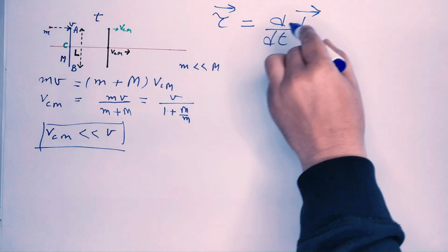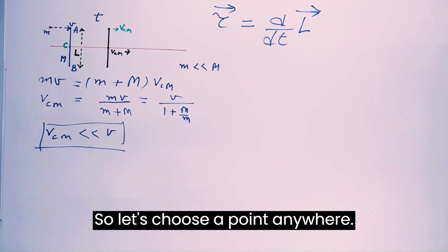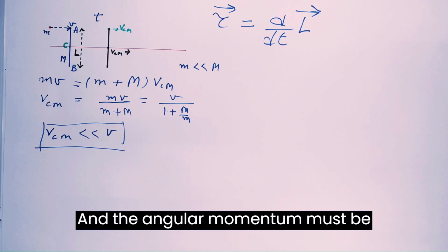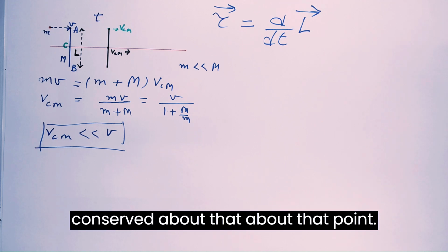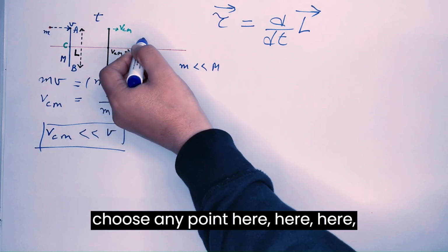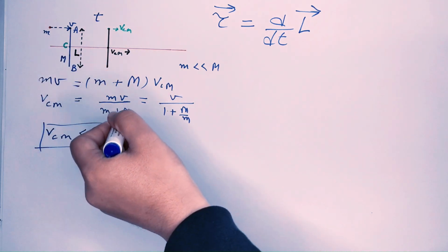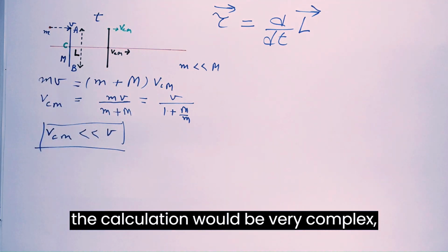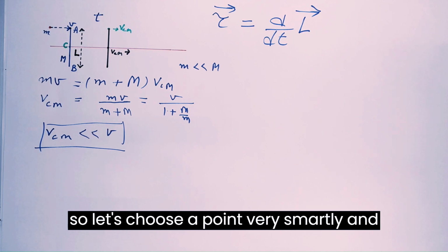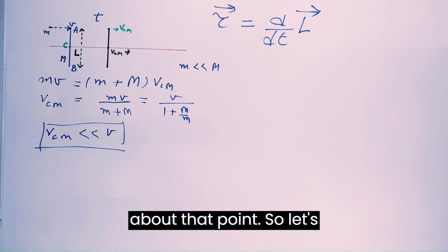So that means L must be constant. So let's choose a point anywhere and the angular momentum must be conserved about that point. We can choose any point, but the calculation would be very complex. So let's choose a point very smartly and conserve the angular momentum about that point.